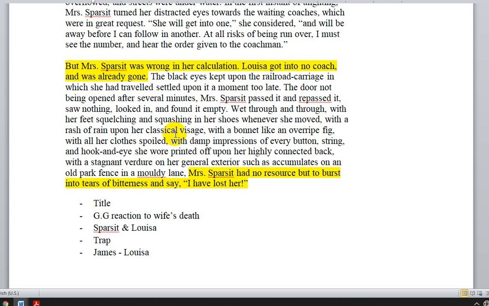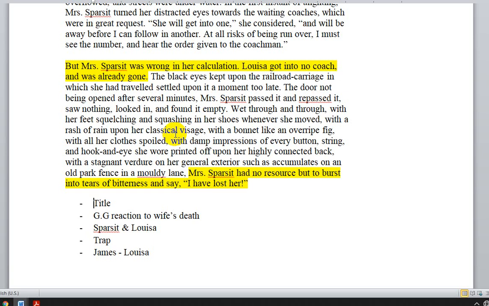This chapter only feeds us with certain details about the development of the relationship between James and Louisa. Now we as readers understand through the character of Sparsit that James and Louisa are very close to each other.